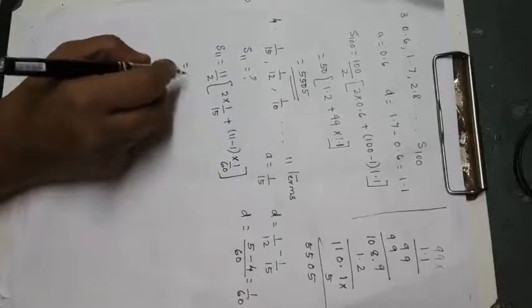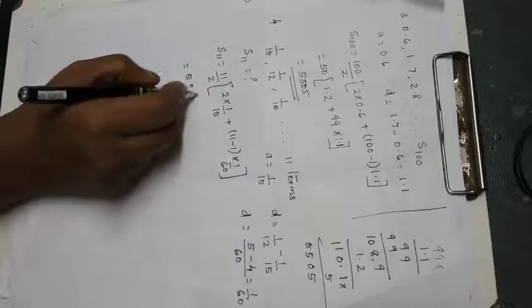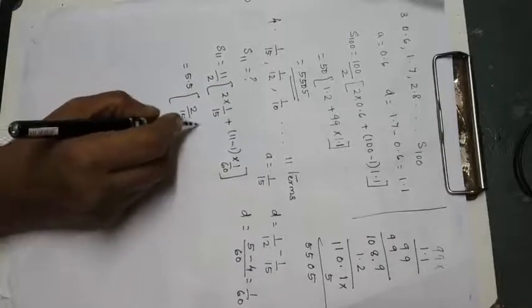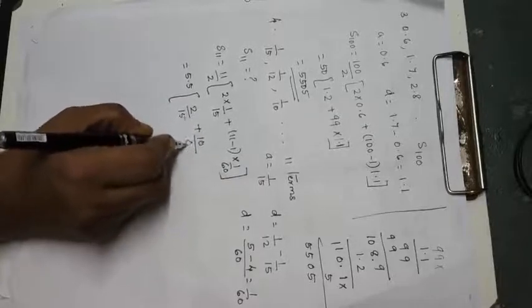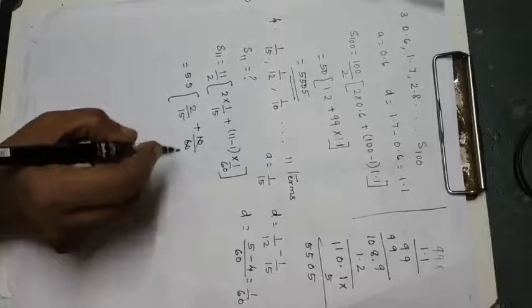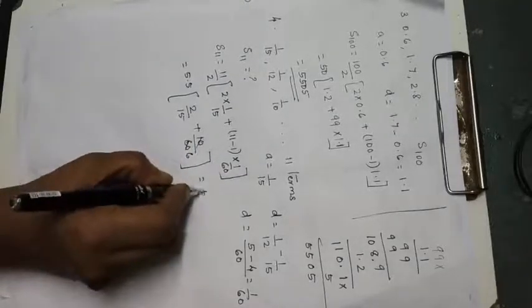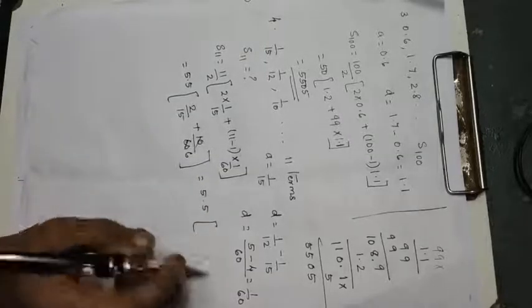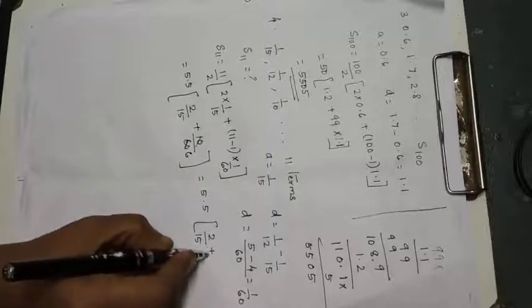So 11 by 2, that is equal to 5.5, 2 by 15, 10 into 1 by 60. So you can cancel that one. 6 it will come. So 5.5 into 2 by 15 plus 1 by 6.